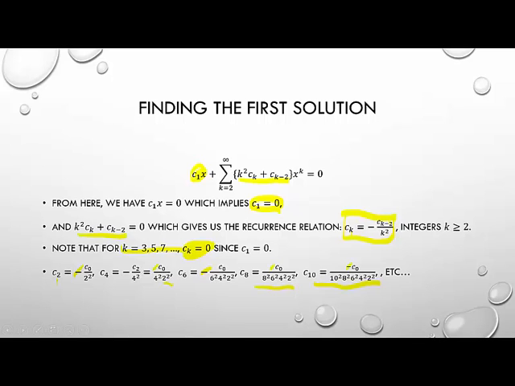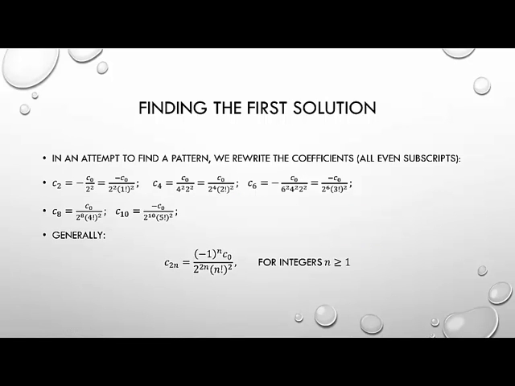Now, that's not an easy pattern to write, but we found that there's a way to simplify this a little bit. We can take a look at 2 squared as 2 squared times 1 factorial squared. 4 squared times 2 squared is equal to 2 to the 4th times 2 factorial squared.